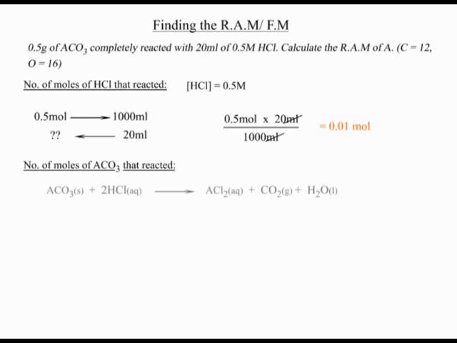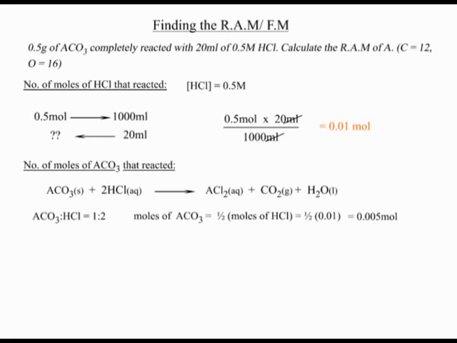So we have that chemical equation. Mole ratio of A carbonate to hydrochloric acid is 1 to 2. Number of moles of A carbonate is equal to a half the number of moles of hydrochloric acid, and that is equal to a half times 0.01, giving us 0.005 moles.